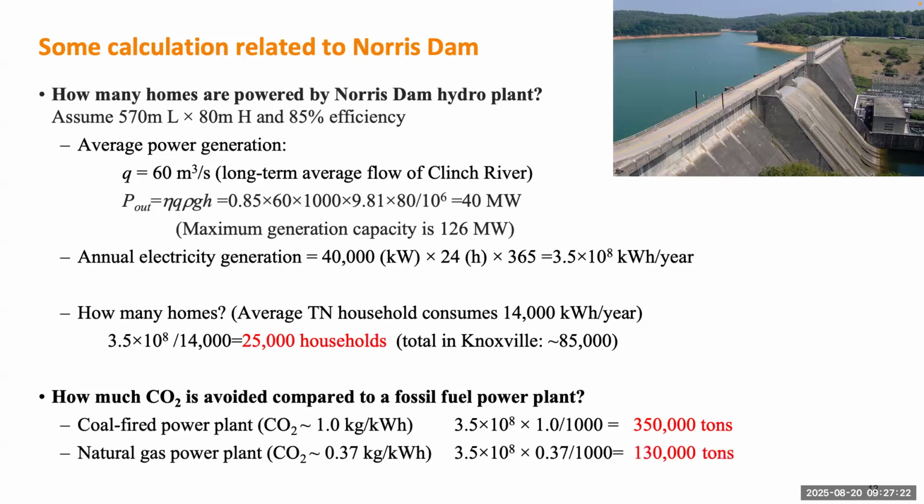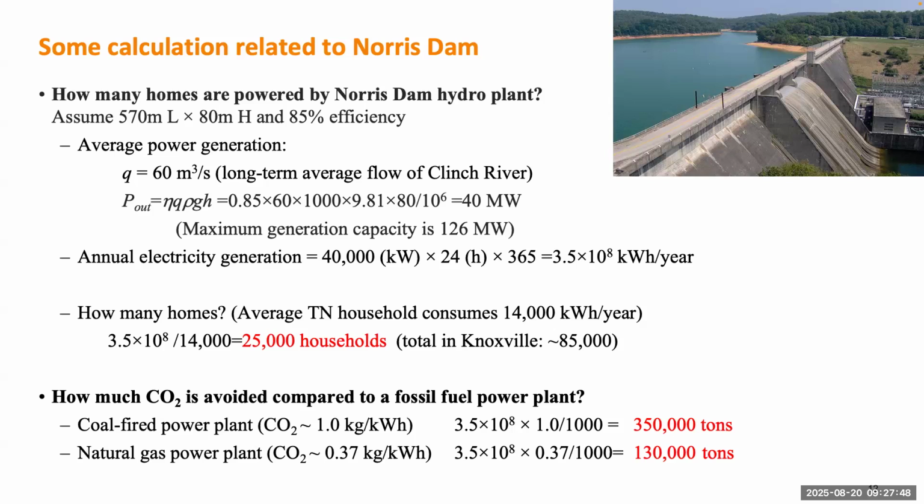If you build a natural gas power plant, that's cleaner than a coal-fired power plant. So each kilowatt-hour comes with maybe just slightly over a third of the coal-fired power plant. So that will result in 130,000 tons of CO2.